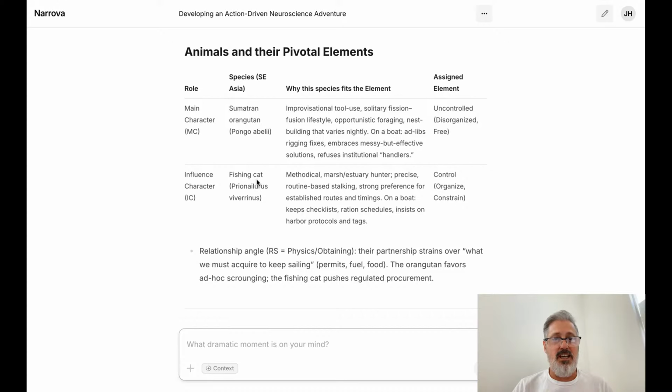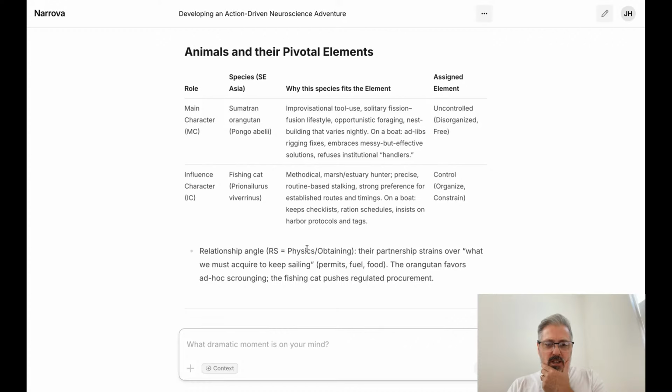And that would be a fishing cat. Methodical marsh estuary hunter, precise, routine-based stalking, strong preference for established routines and timings. On a boat, keeps checklists, ration schedules, insists on harbor protocols and tags. So you can see an odd couple sort of thing where they're playing against each other.